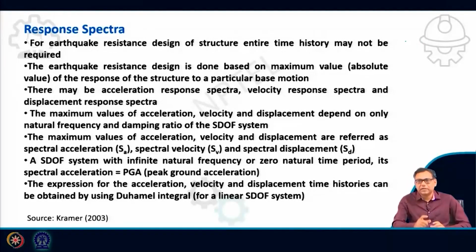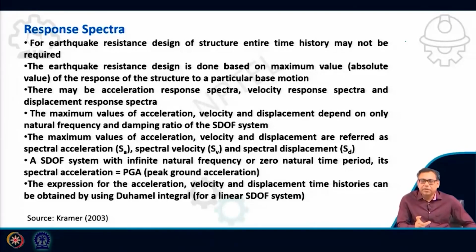I have also discussed that from the SD you will get the SV by multiplying by omega, then you will get the SA also. So for any earthquake loading you have to take the help of the Duhamel integral to get the expressions for acceleration, velocity and displacement with time t.